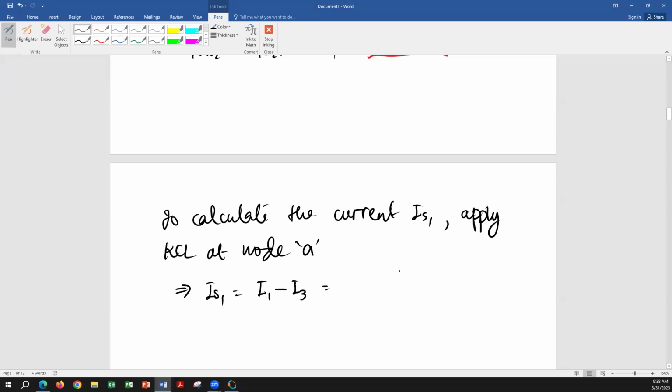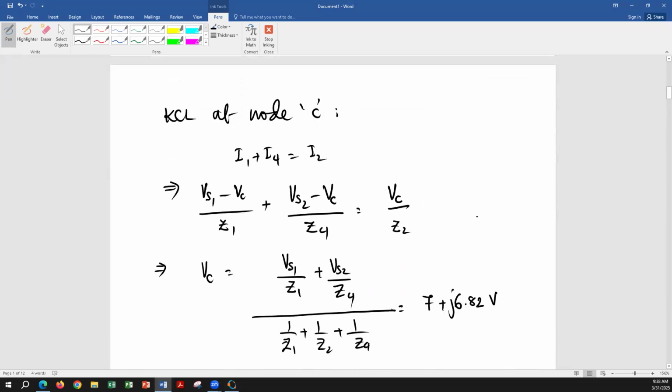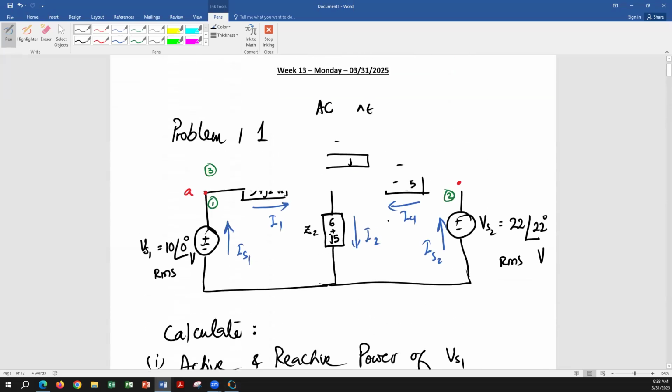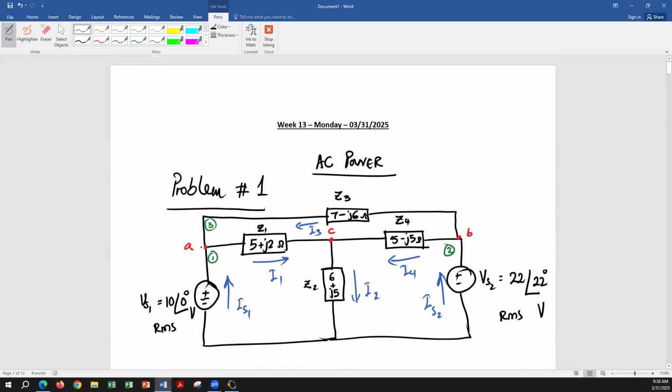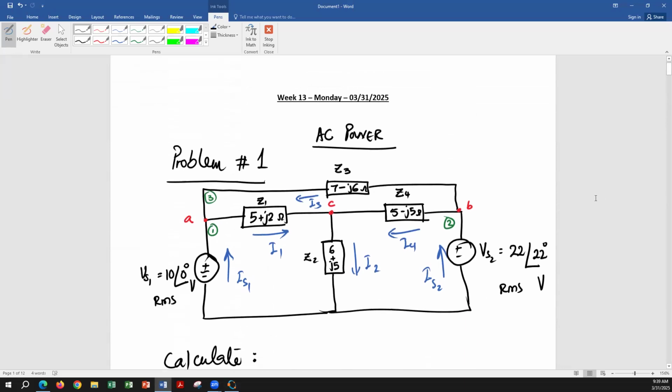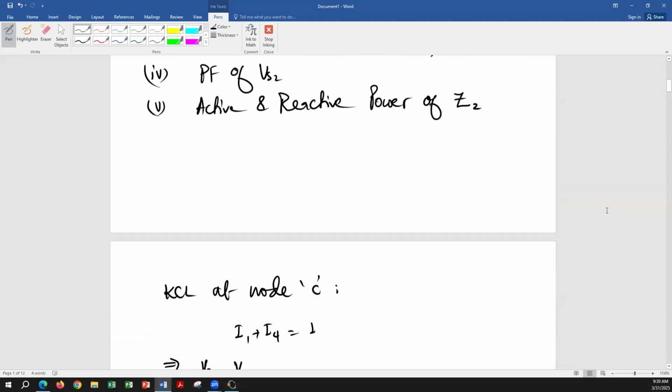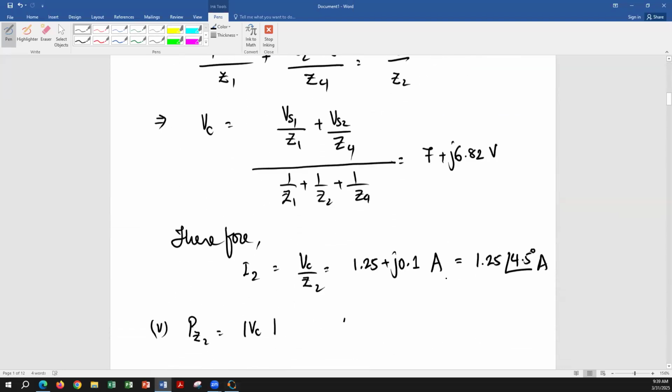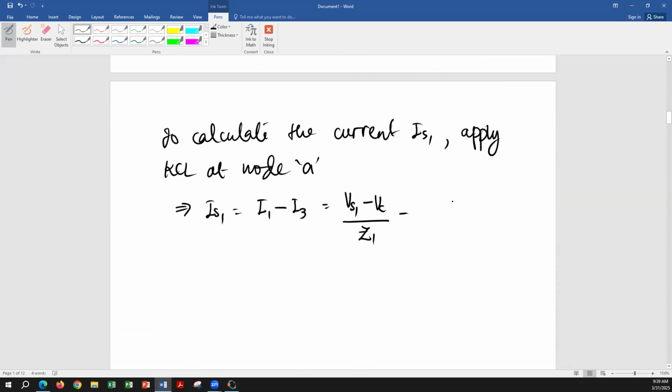Okay, and I1 is VS1 minus VC over Z1, and I3 I'm assuming is VS2 minus VS1 over Z3. Let's see. So VB minus VA, which is VS2 minus VS1 divided by Z3. That's I3. VS1 minus VS2 divided by Z3.